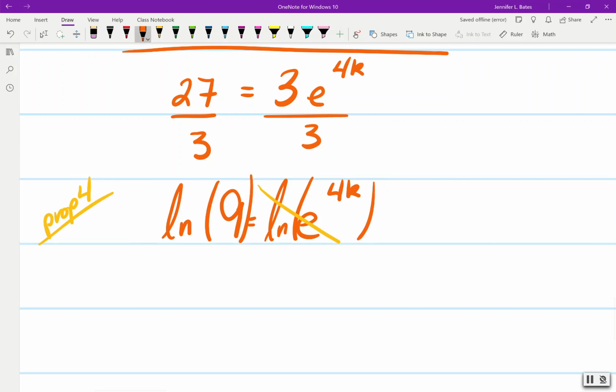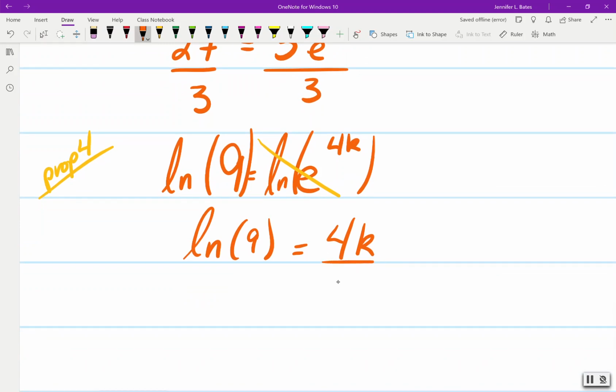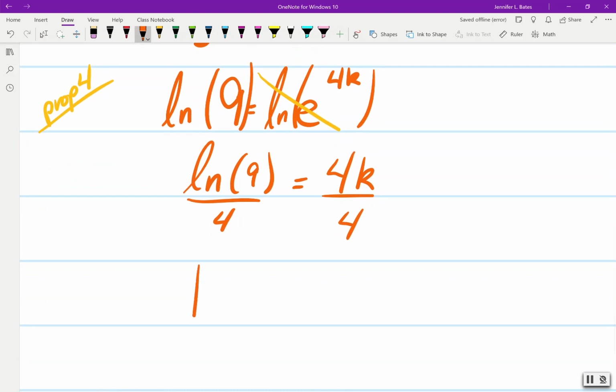So I'm left with the natural log of 9 is equal to 4k. And if I want to get the k by itself, we're going to divide both sides by 4. So I've got k is the natural log of 9 over 4. And we're going to throw that into our calculator, and everybody needs to practice. So type in the natural log of 9 divided by 4.